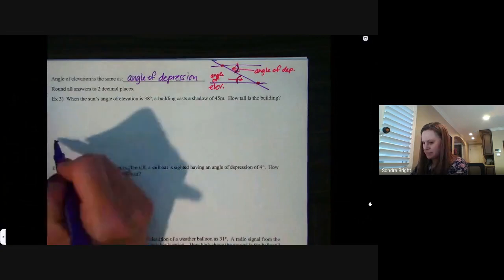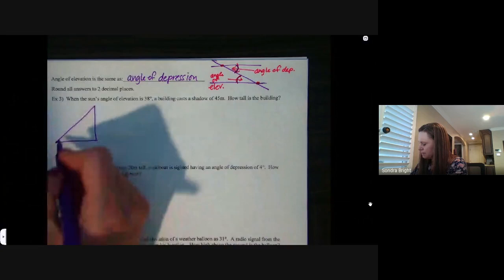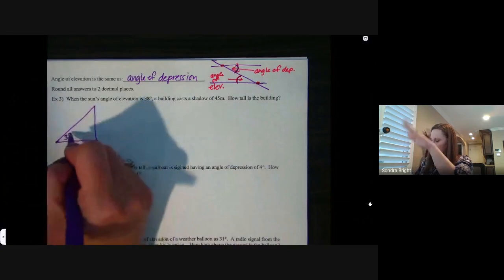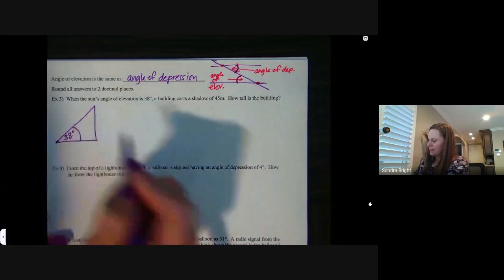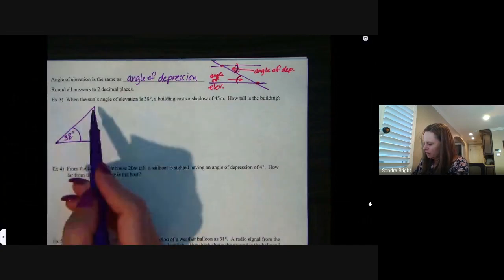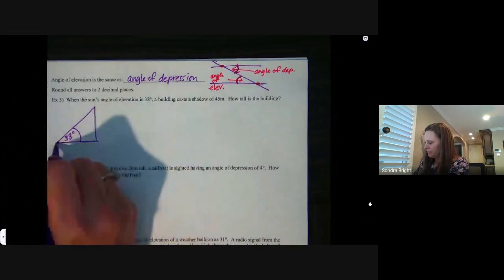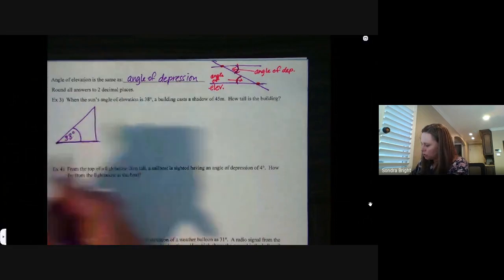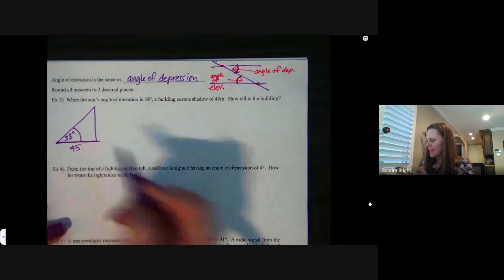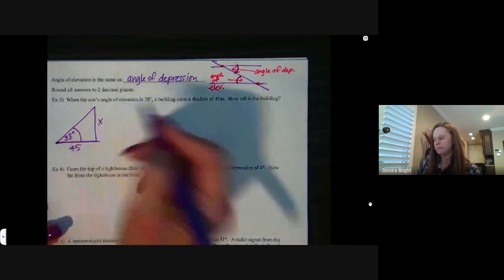Let's say you've got 38 degrees. You're looking up towards the sun, and then here's this building. And the shadow that it's casting is 45 meters. And we want to know how tall is this building. I'll say X, but it's really Y, right? But it doesn't matter.